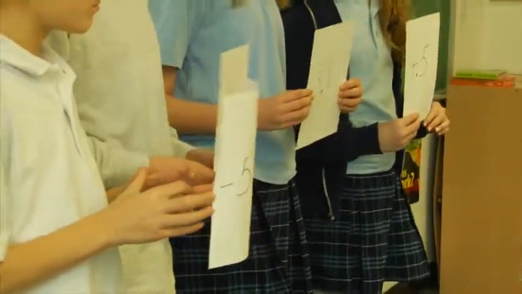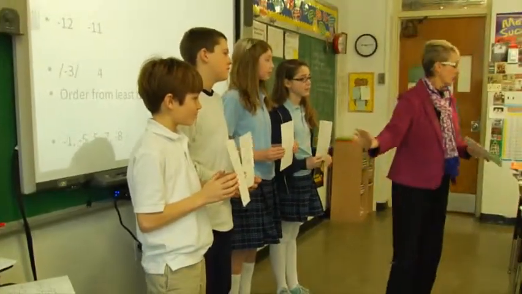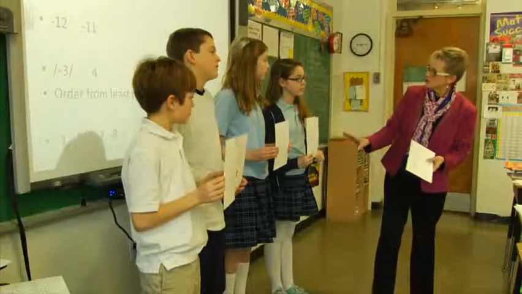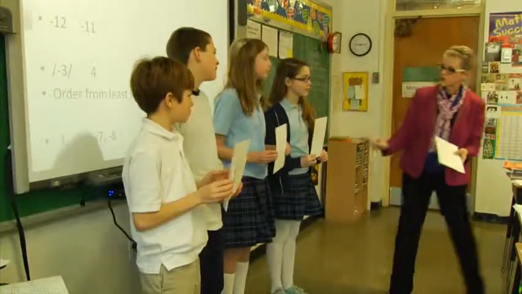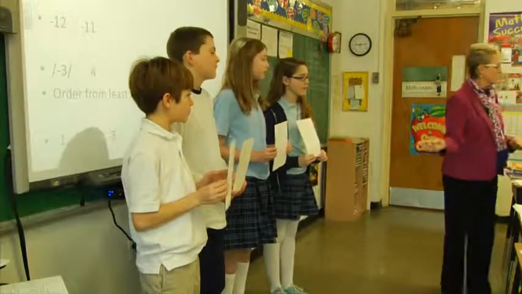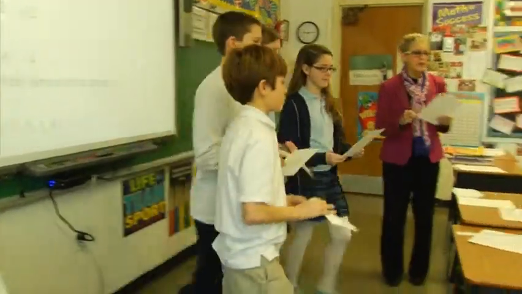Excellent, excellent. So we have a lot going on, guys. We have some integers that are positive and negative, but we also have decimals. Okay, and so you said that the whole number piece of the decimal really clued you in to where to put your numbers. Excellent. Is that good? Yeah, good. Okay, excellent. You can give your cards to Mercedes.